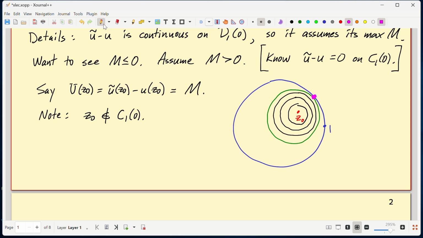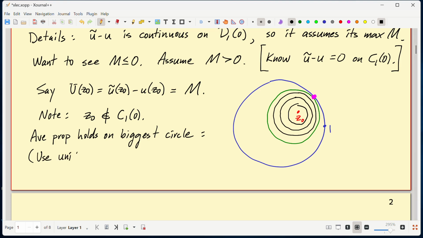I let them expand until I get to that green circle, and it would also hold on that green circle by uniform continuity. So, important, the averaging property holds on the biggest circle there in the picture. And you would use uniform continuity and limits.